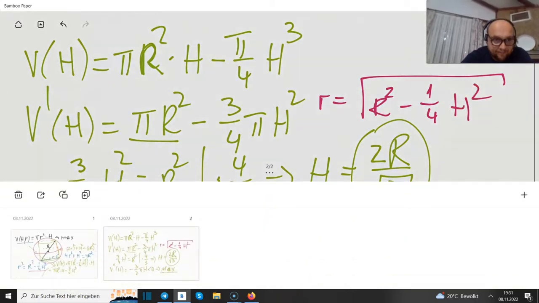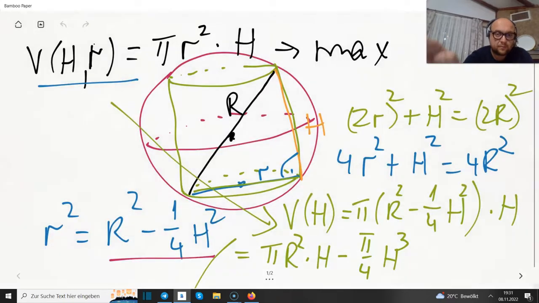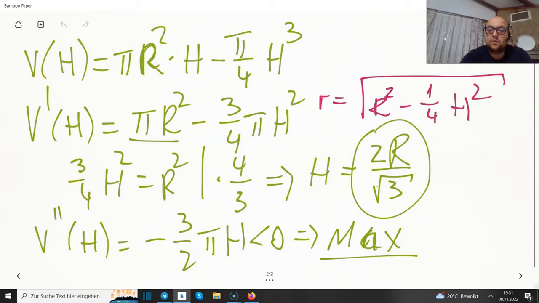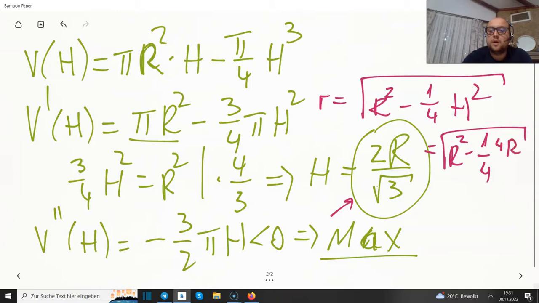Am I right? Yeah, seems to be fine. So that would be still R squared here minus 1/4, and now we square this value, which is 4R squared divided by 3.